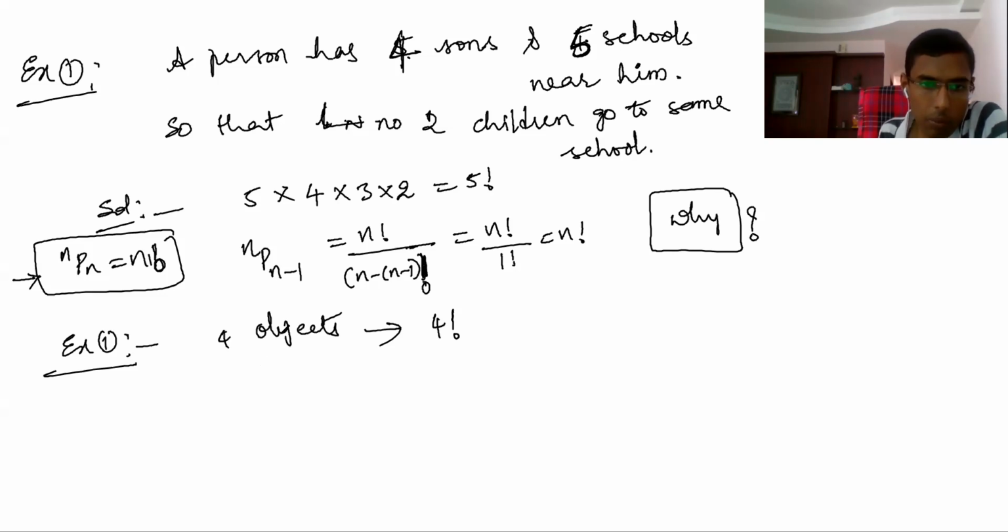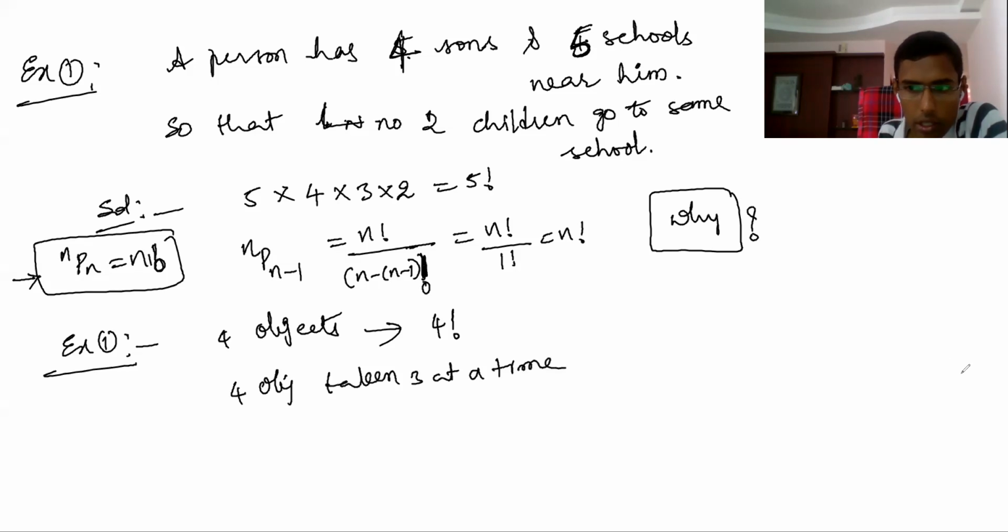But the number of permutations of 4 objects taken 3 at a time. Please understand this. Taken 3 at a time. So now when you take 3 at a time, what will happen is 1, 2, 3. 3 objects we have. So first blank 4 ways, second blank 3 ways, third blank 2 ways.